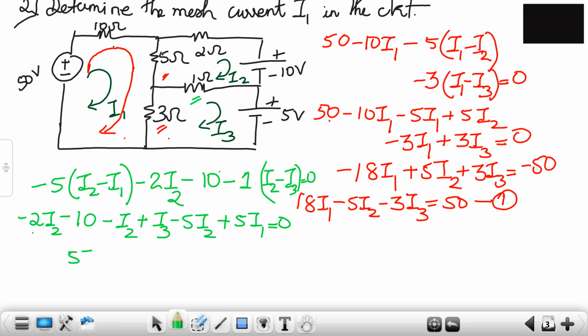So finally you will get 5I1 minus 8I2 plus I3 is equal to 10. That's your second equation.